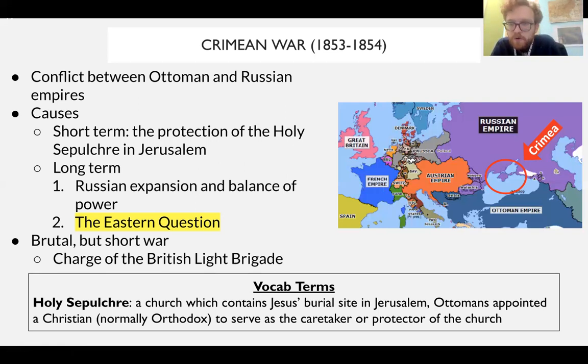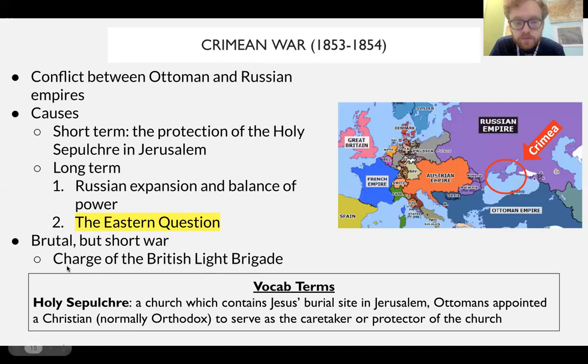But a bigger, more important cause is this idea of Russian expansion upsetting the balance of power in Europe. If the Ottomans went away, then that could lead to one power becoming too important, too powerful. There's also this idea of the Eastern question, and this is something you'll have to keep in the back of your mind.